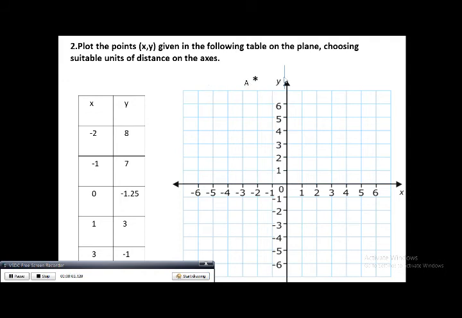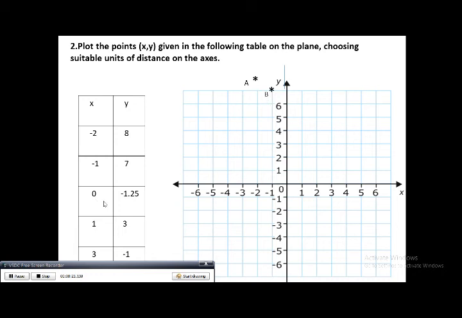We are assuming that this one is 8 on the y-axis. So x is -2 and y is 8. This point A represents the first point (-2, 8). The second one is (-1, 7). X is -1 and y is 7. So this point is (-1, 7).